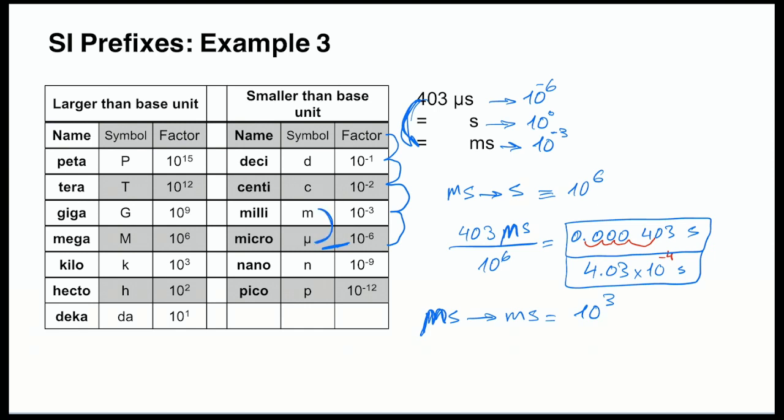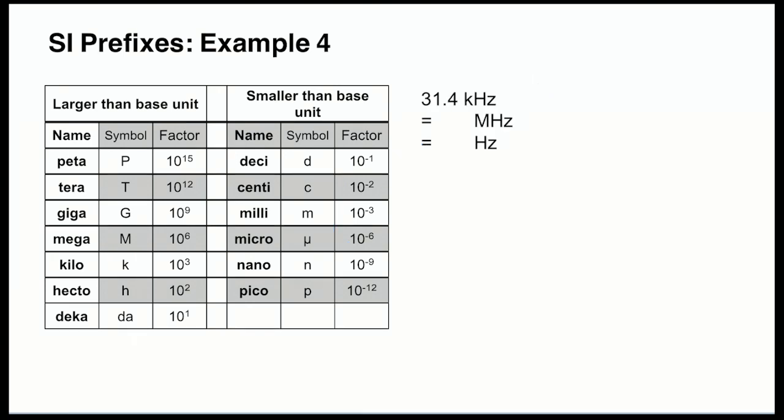Well, micro to milli is going up, so division. 403 microseconds divided by 10 to the power of 3 equals 0.403 milliseconds. That's your conversion. Let's take one more example.